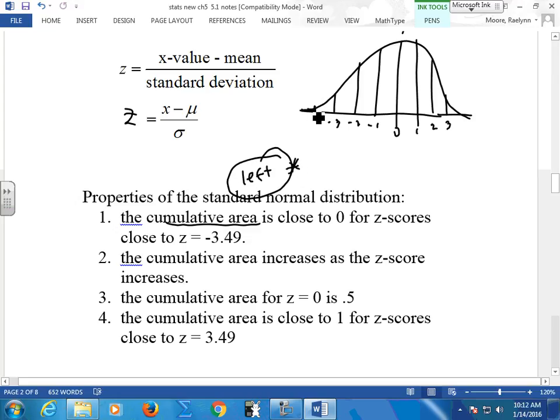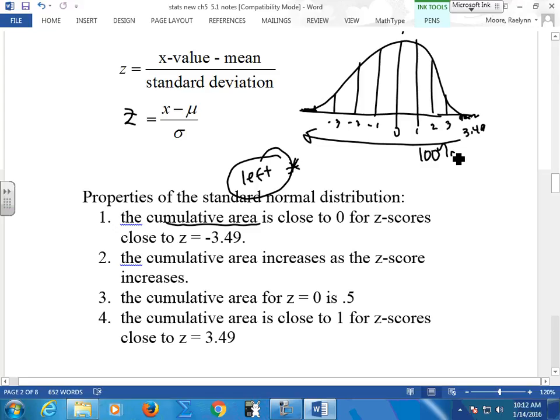The area to the left basically is 0. If you look at your table, I gave you your table 4, negative 3.49 is your last entry on that table. Anything to the left, we're going to say virtually 0. Therefore, anything to the right of this number, anything to the right, we're going to say virtually 0. Therefore, anything to the left of this number is 100%.